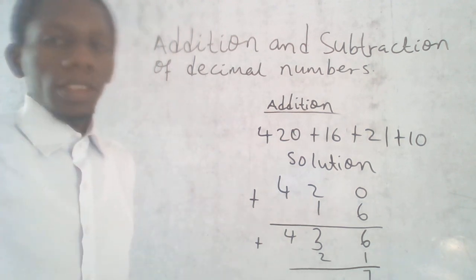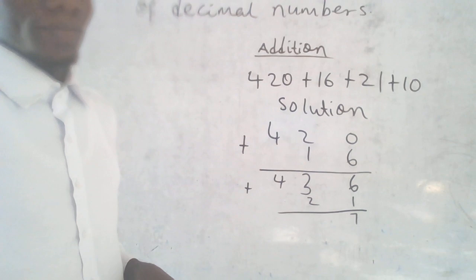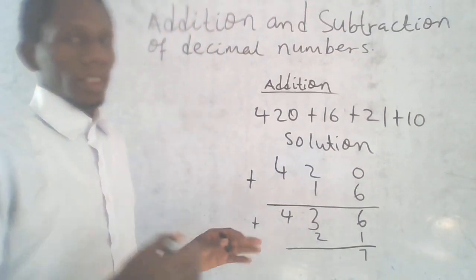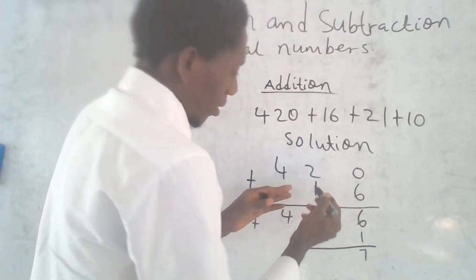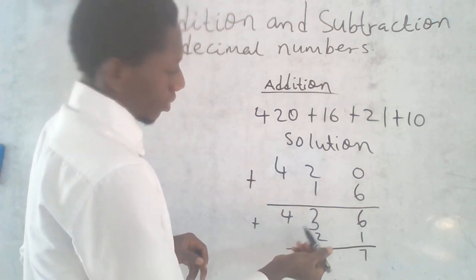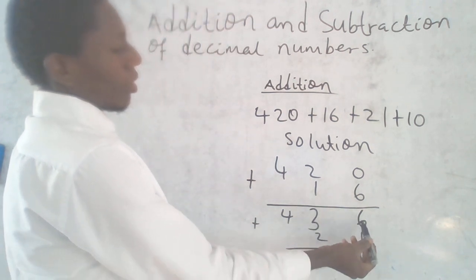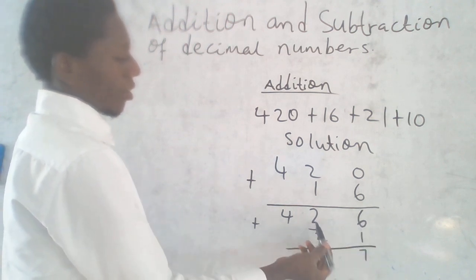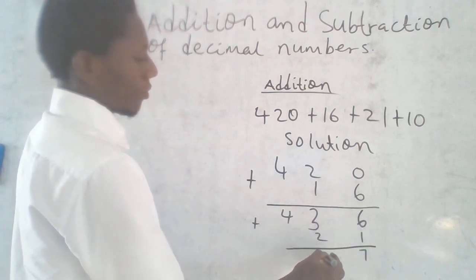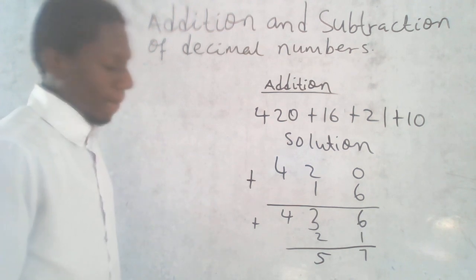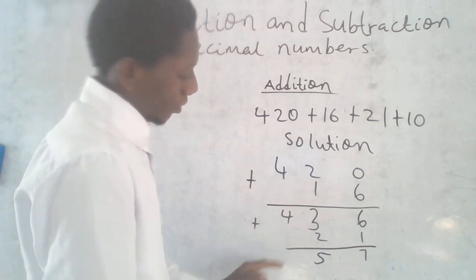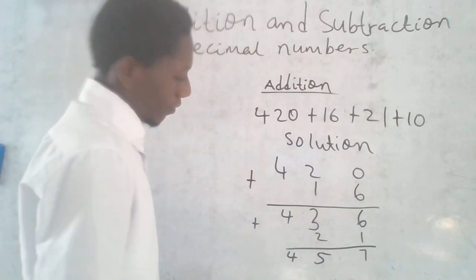Okay, so 6 plus 1 is 7, and 3 plus 2 is 5. Alright? Then 4 plus nothing is 4.